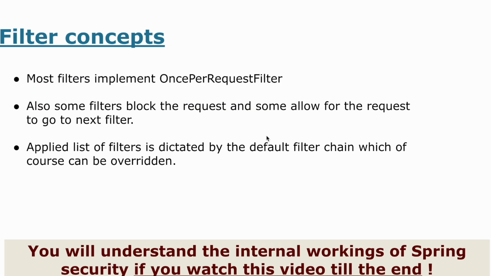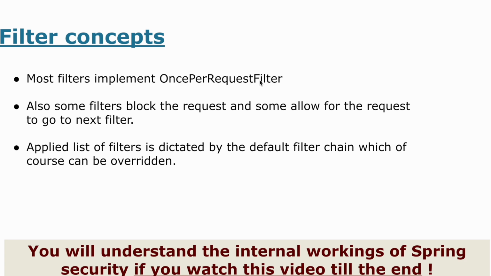So what are these filters? These filters are basically normal servlet filters, but they are placed within the Spring context, which means that they are able to utilize the full capability of the Spring application container. Most of these filters implement OncePerRequestFilter, which is again a filter within the Spring Security framework.